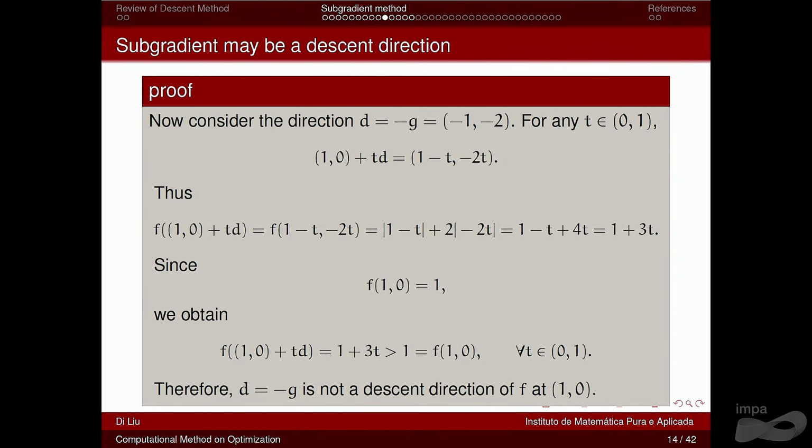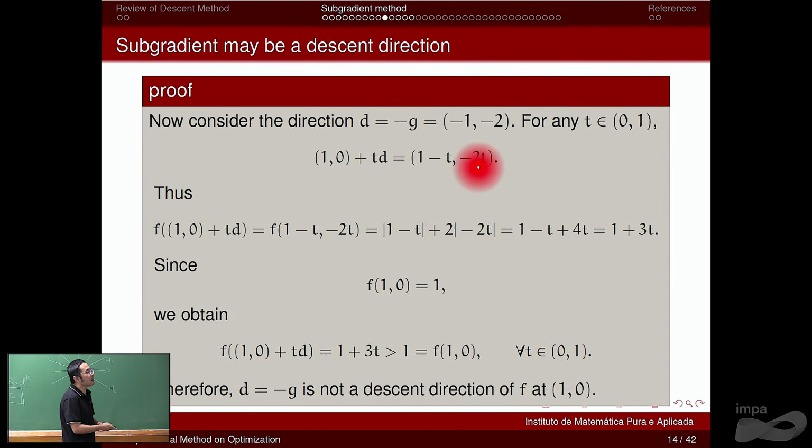So, which means you go along this direction d. Which direction? The minus subgradient. For any small step size which belongs to (0, 1), your function value is 1 plus 3t, as we have already got here. And since t is greater than 0, we know this 1 plus 3t is greater than 1, which is the function value at (1, 0).